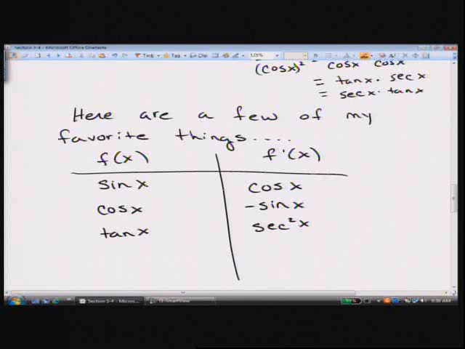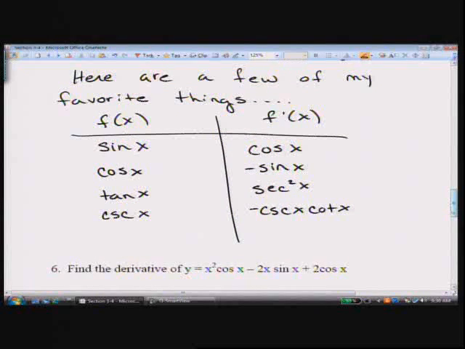Who's the friend of the sine? Well, cosecant is the friend of the sine, right? And the derivative of the cosecant is negative cosecant x cotangent x. I did that without proof, but you could prove it. All right. The friend of the cosine is the secant, remember, because it's 1 over cosine. And we proved that derivative is secant x tangent x. It's messy.